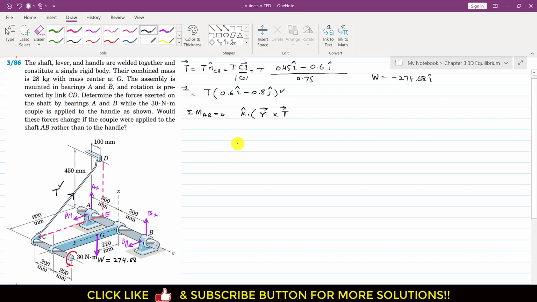So we will define the moment arm for T vector from the AB axis, right? So let's say that the moment arm for T is EC, right? This is point E and this is point C, right? So this will be the moment arm for this T vector. Moment arm can be any vector from any point on the axis to any point on the line of action of the force, right?